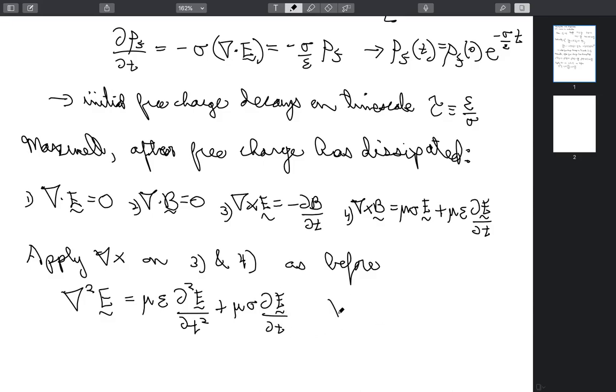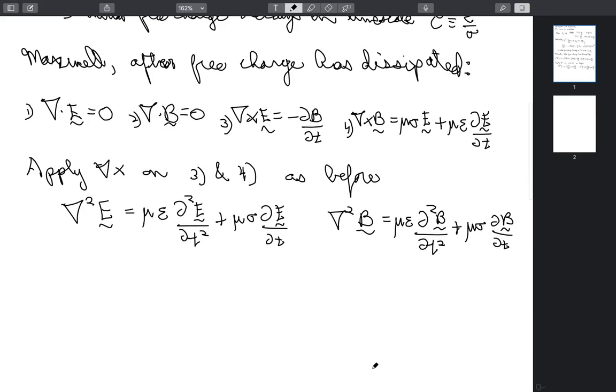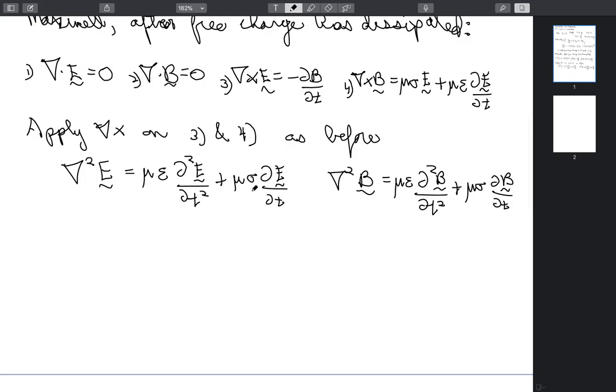And similarly for B, we get exactly the same equation. Okay, so these differ from the equations we had previously by the additional linear in time derivative terms. But we can still look for plane wave solutions.